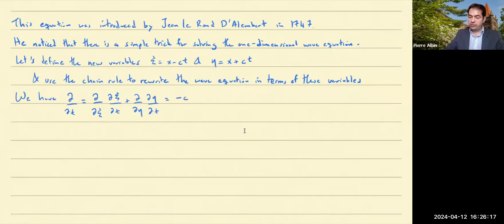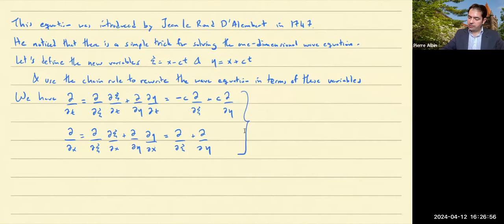Which works out to minus c times the derivative with respect to xi plus c times the derivative with respect to eta. And then the derivative with respect to x similarly breaks up into the derivative with respect to xi times the derivative of xi with respect to x plus the derivative with respect to eta times the derivative of eta with respect to x. And that works out to the derivative with respect to xi plus the derivative with respect to eta.